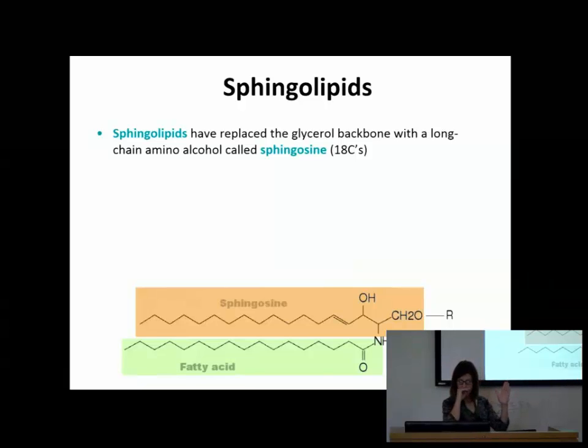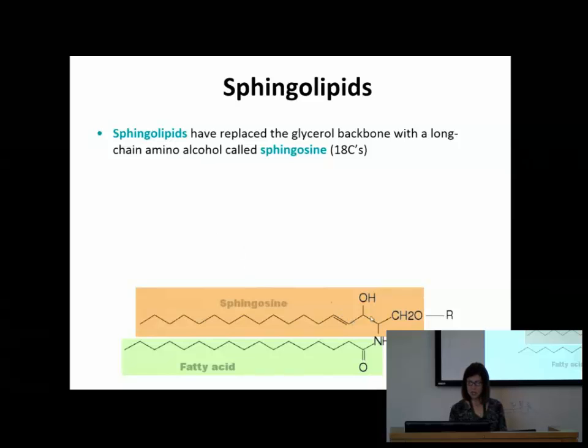So the backbone to our triglycerides is that 3-carbon, 3-OH glycerol. In sphingolipids, it's the molecule sphingosine, which is in this brown part. I have a better picture in the next slide. Sphingosine is 18 carbons long. It has a long chain tail, an alcohol, this group here, and an amine here.